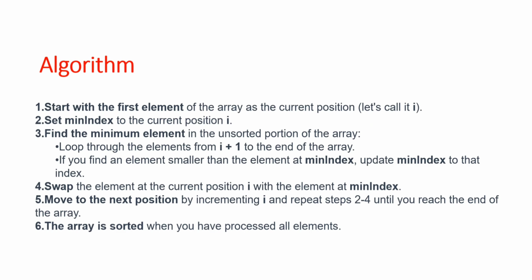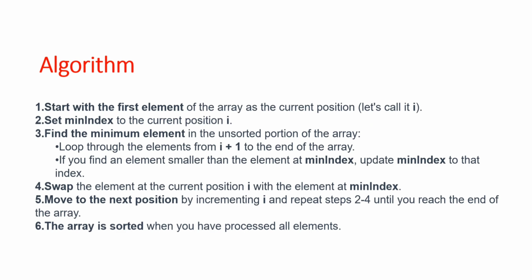Next, iterate through the unsorted part of the list to find the smallest element. Then swap the smallest element found with the first element of the unsorted part. Repeat, moving the boundary between the sorted and unsorted parts.